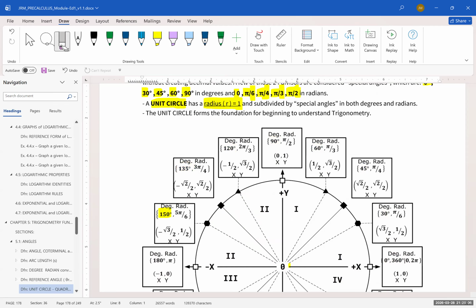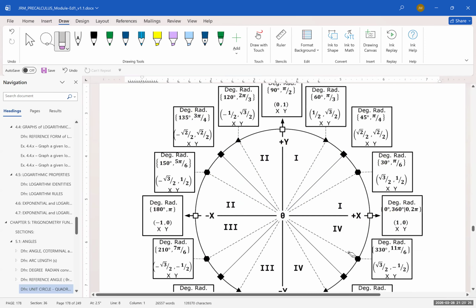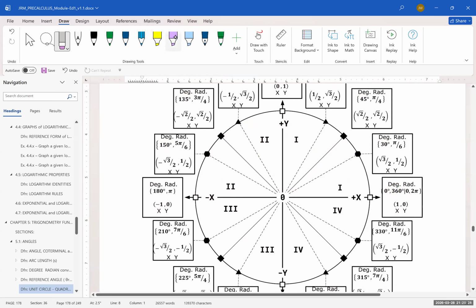Is the terminal side here in quadrant 1? Is it here, here, or here? That's in quadrant 1. Is it in quadrant 2? So is the angle going from here that way, or that way? Likewise, is it in quadrant 3?